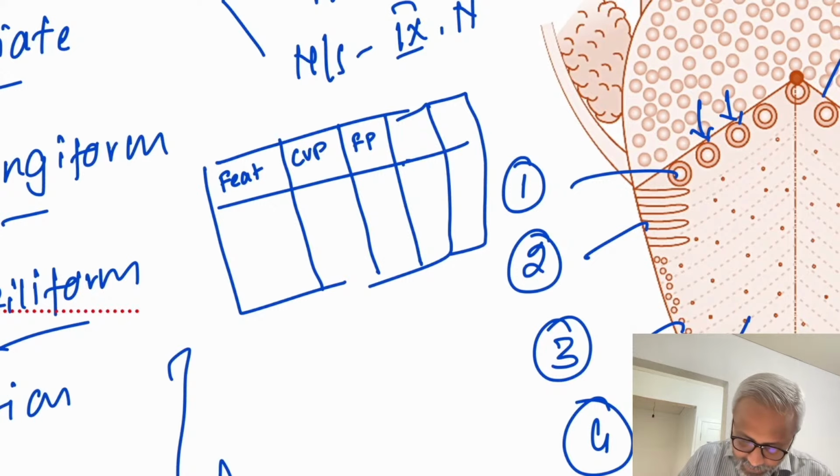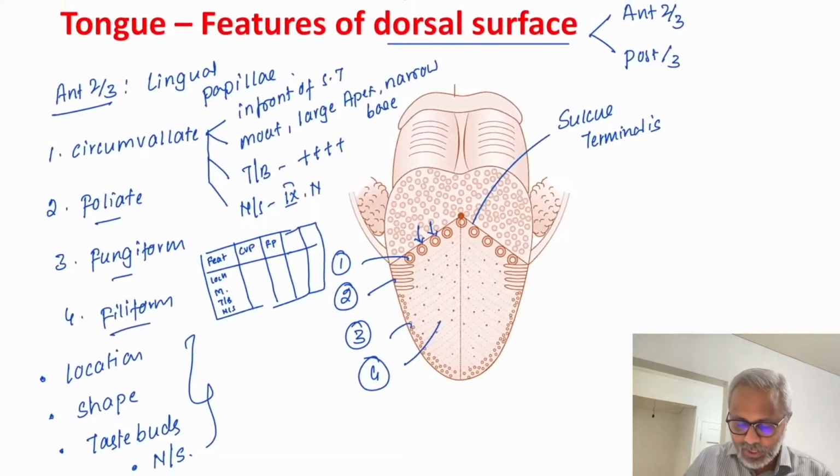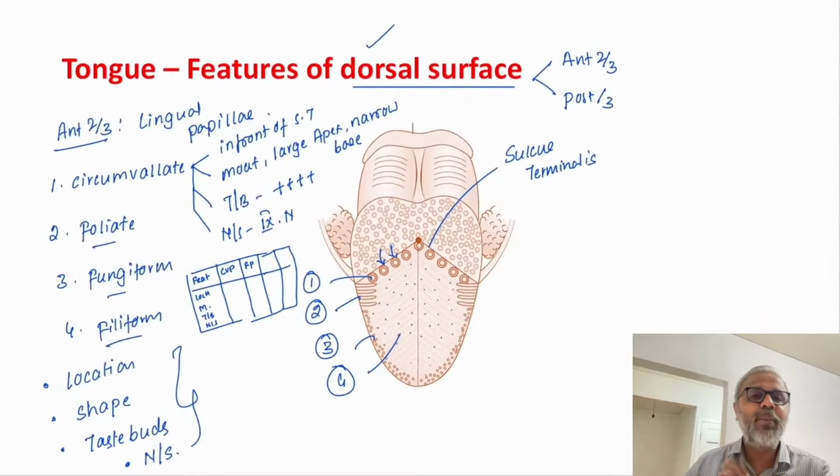Then here we can have location, then the morphology, taste buds, nerve supply. So imagine if you write your answer like this, will it make it easier for your examiner to read it? This is what you should do. Thumb rule, always try to impress your evaluator so that you get maximum marks for that question. This is how you describe the features of the anterior 2/3.